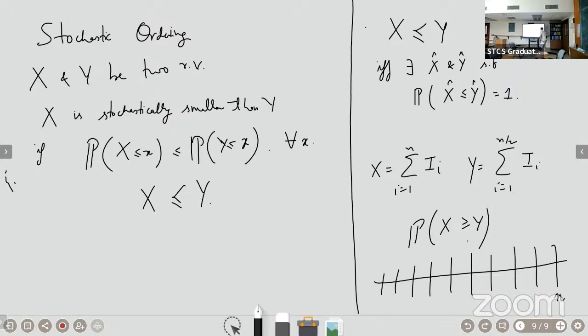This is n by 2. What is going on? Some indicators. Let's say this is 1, this is 1, this is 1, and then this is 1. So why can't I make X the summation of all these ones and Y the summation of only these many ones? This will match the distribution of X and Y.